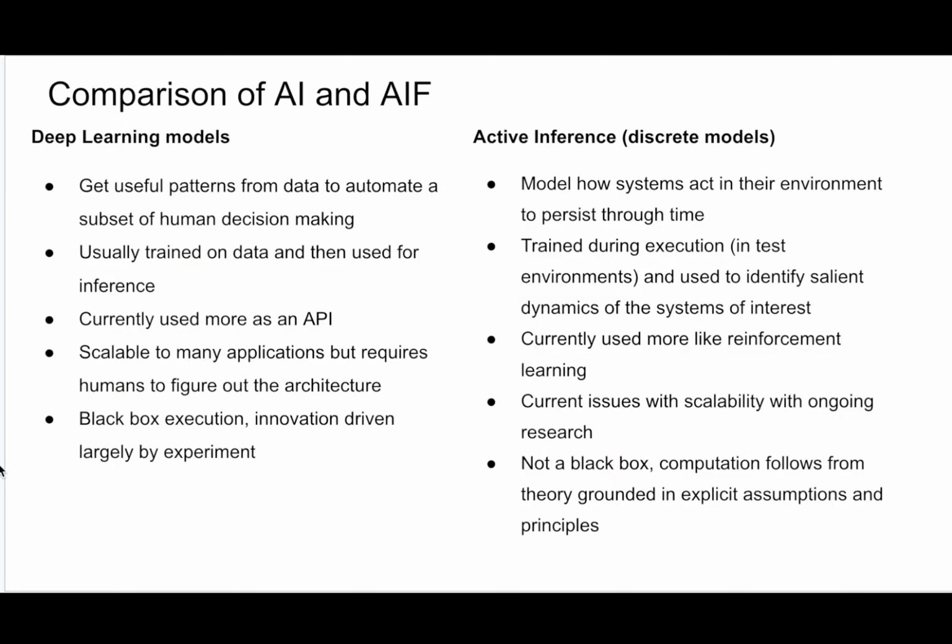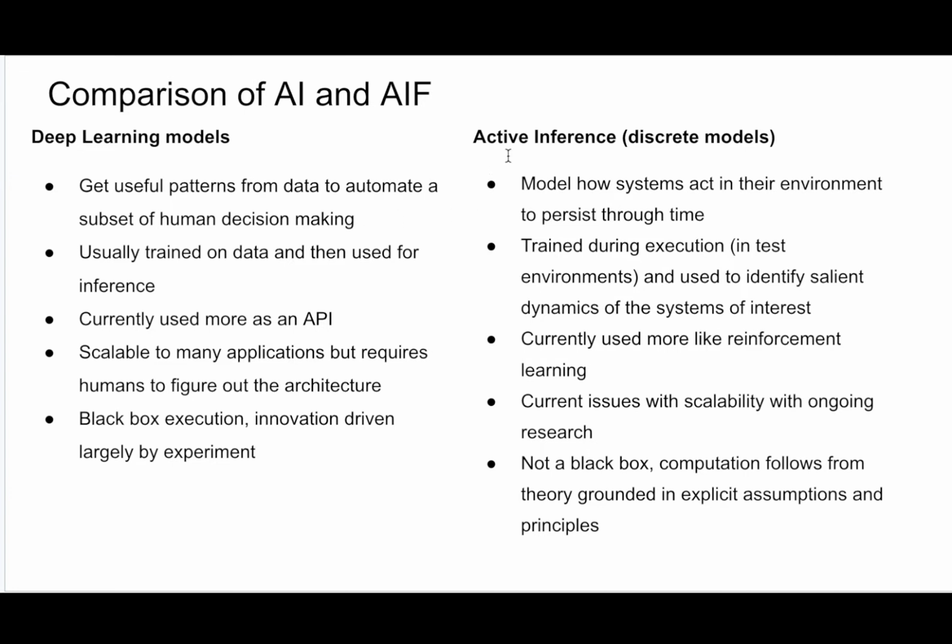Here's a one-slide comparison of deep learning and active inference. In this case, we're only focusing on discrete models in active inference, and this list is by no means exhaustive. It is definitely a coarse graining of the possible comparison that we could do if we wanted to go into more detail. In essence, deep learning models get useful patterns from data to automate a subset of human decision making.